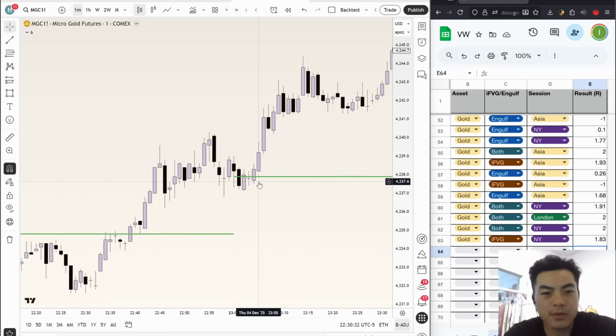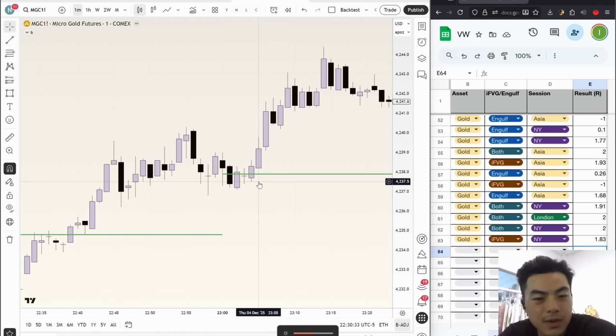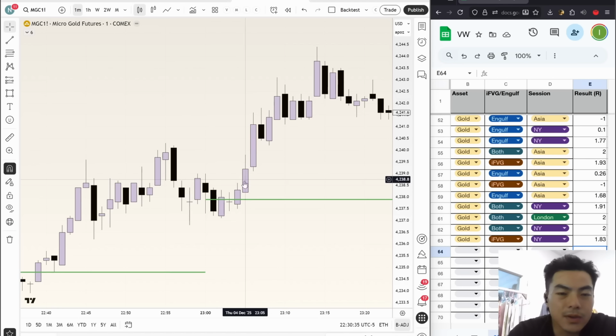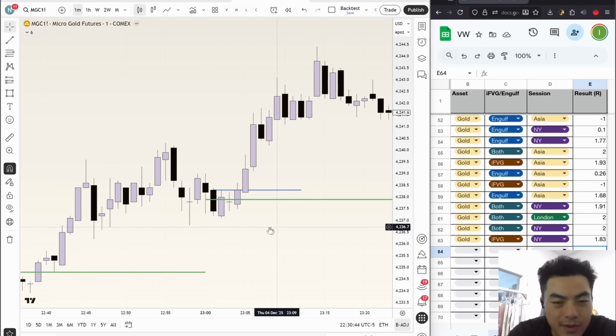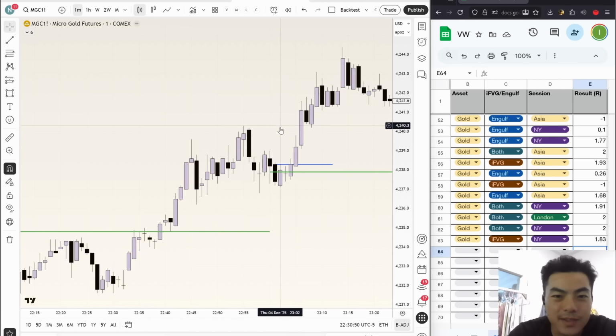Okay, this looks promising, maybe. Candle opens up, close below. There is your engulfing. So what, long there. No draw on liquidity, no clear target. I mean there is, but the risk reward's just not there. Would not take that.